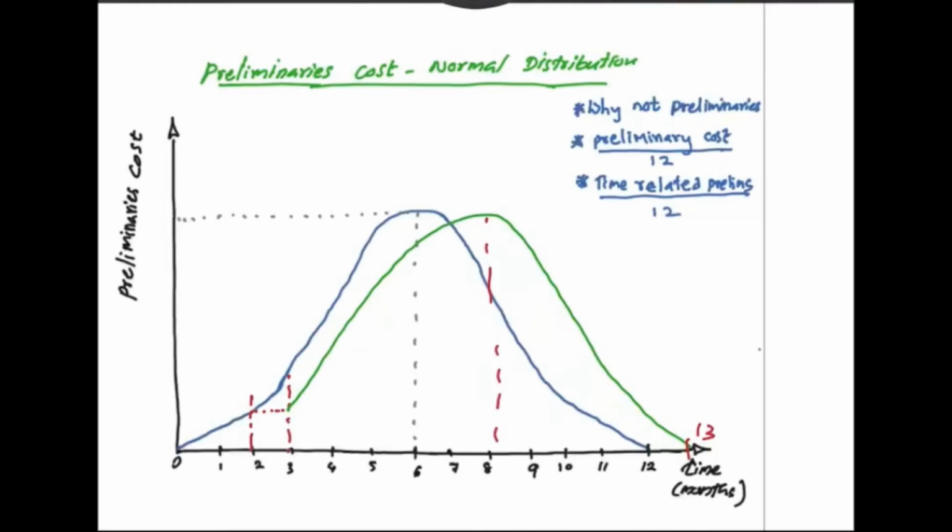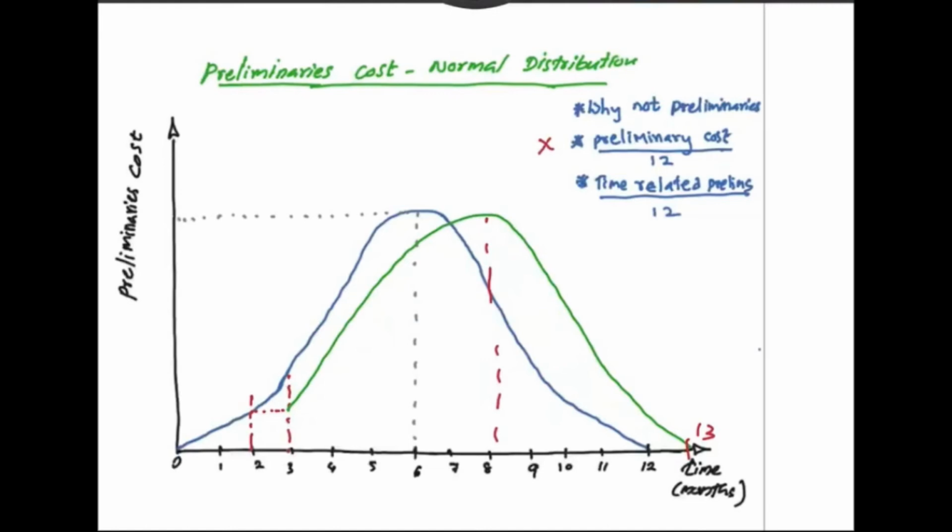And one common method is averaging the preliminary cost by dividing by the project duration. Averaging the whole preliminary cost is not correct because it has some fixed cost elements, as we discussed earlier. Therefore, averaging preliminary cost by dividing by project duration is not correct.